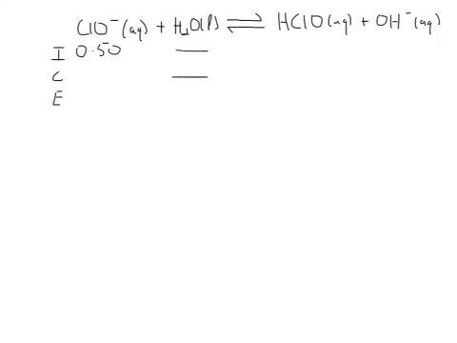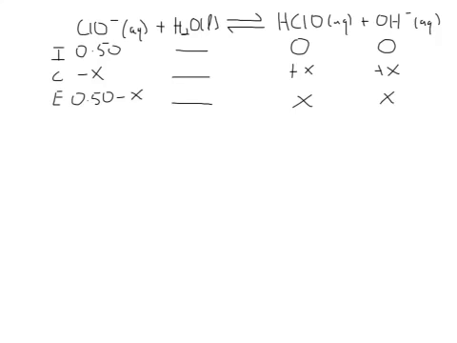Water is a liquid, so I don't have to worry about it. Initial concentrations of HClO and hydroxide are 0. We'll call the change in ClO- minus X. That'll make these plus X. So at equilibrium, I'm going to have 0.5 minus X, X, and X.